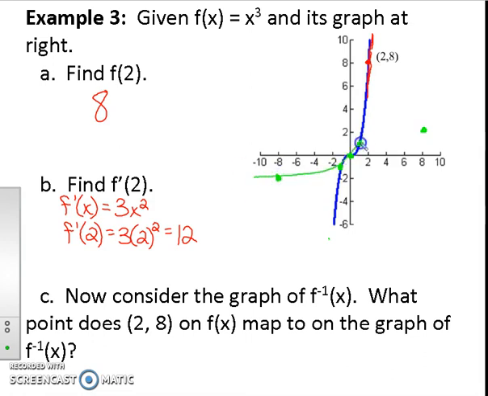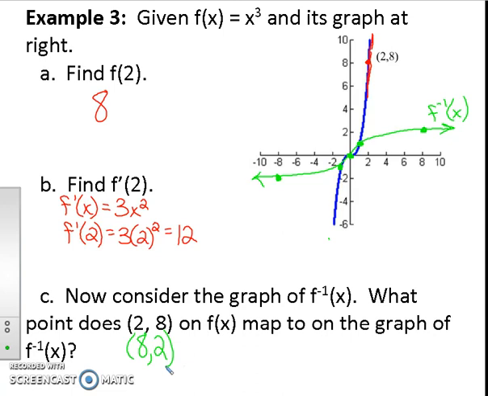So if we connect these points together, this is the graph of the inverse function to f of x equals x cubed. Notice the inverse notation is to put that little negative 1 next to the f there. So the point (2, 8) would map to the point (8, 2), as we've already established.